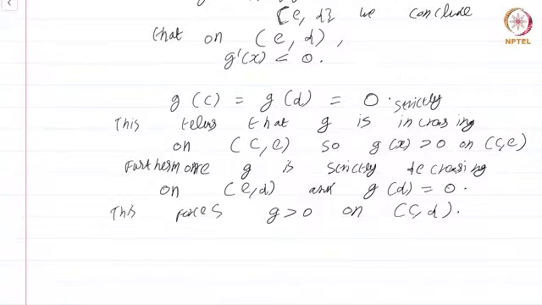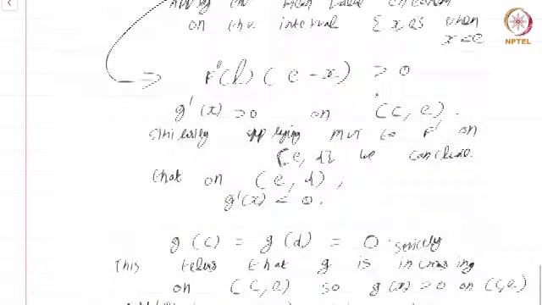And from there, it can never reach 0 in the interval (E, d), simply because it's decreasing, and at the endpoint d, it is still 0. So this forces g greater than 0 on (c, d), including at the point E. You might think that the point E is an exception, but the argument we have given rules out the possibility that g(E) is 0 as well. So g is strictly greater than 0 on (c, d).